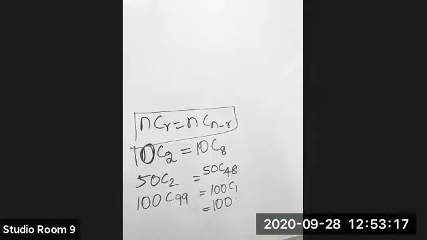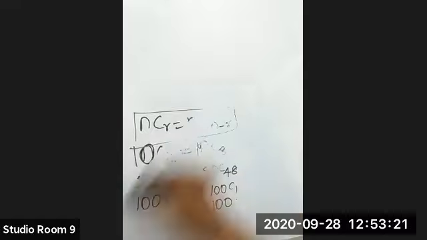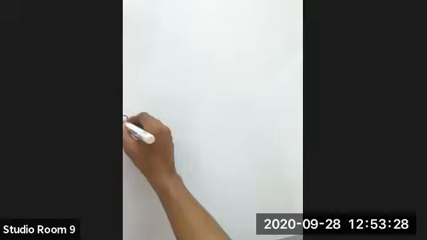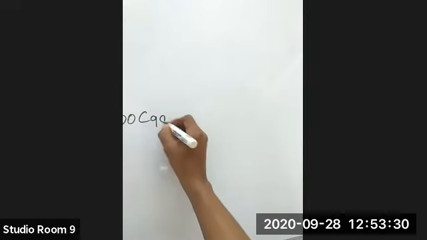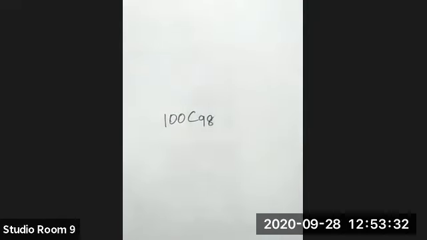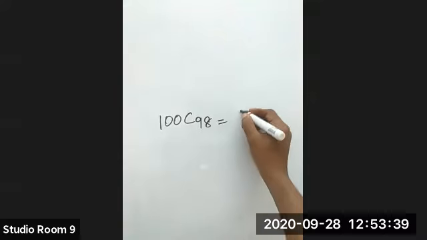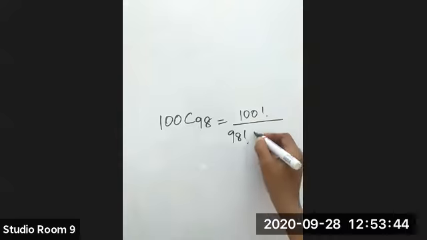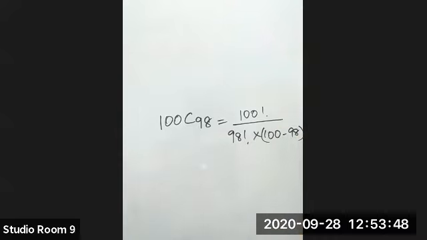Okay, let us do one problem using this property. Write down. Evaluate 100C98. If we are using the definition, we will write this as 100 factorial by 98 factorial into 100 minus 98 factorial, isn't it?